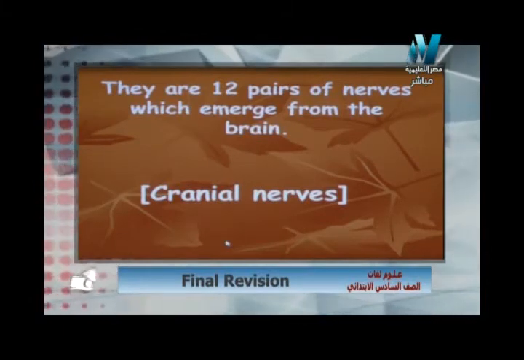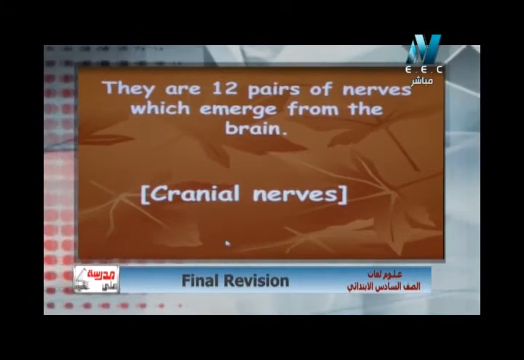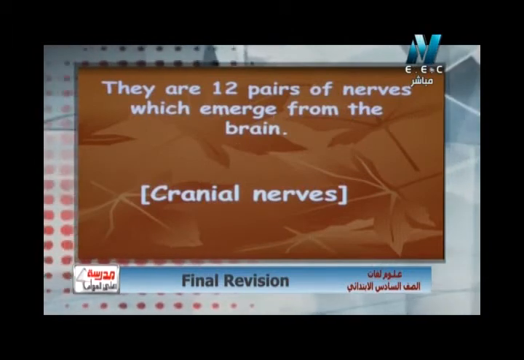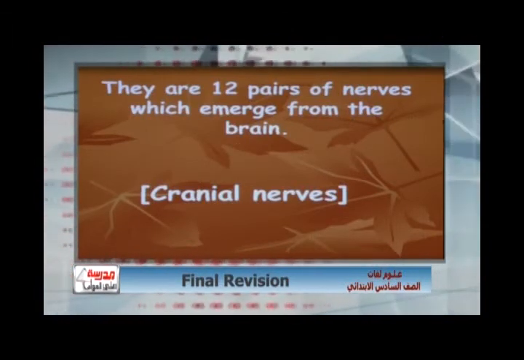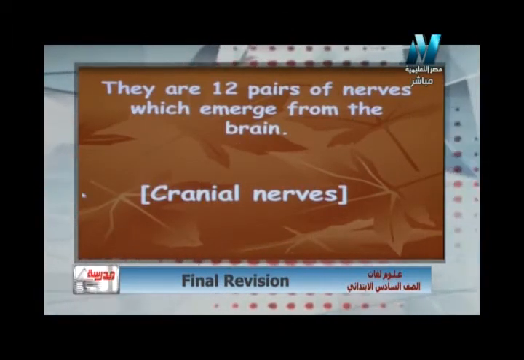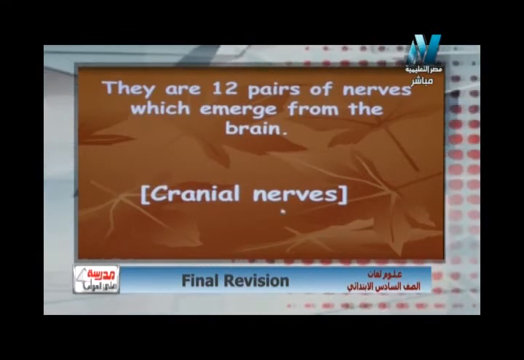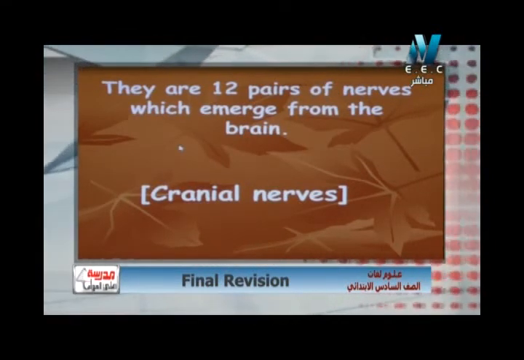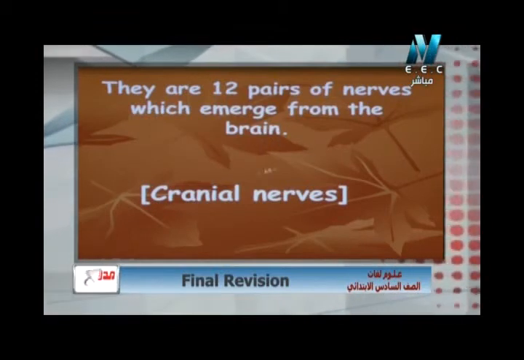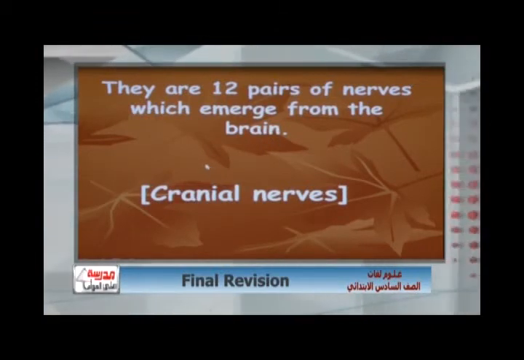So again there are 12 pairs of nerves which emerge from the brain. هنسميهم cranial nerves. لو حد كتب brain nerves برضه صح مش غلط. They will be cranial nerves.